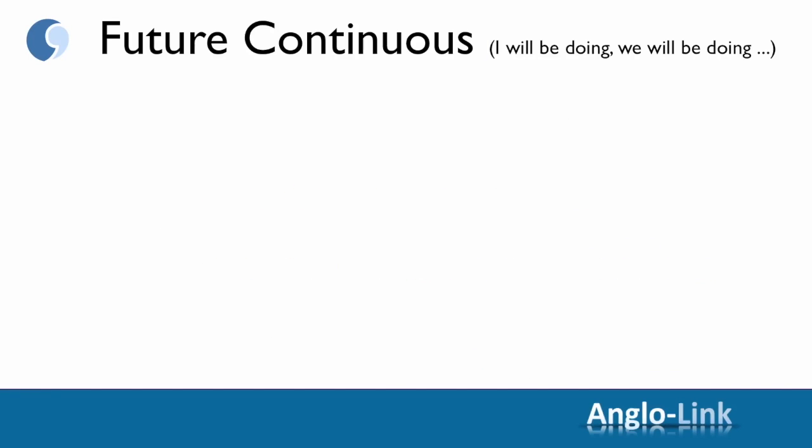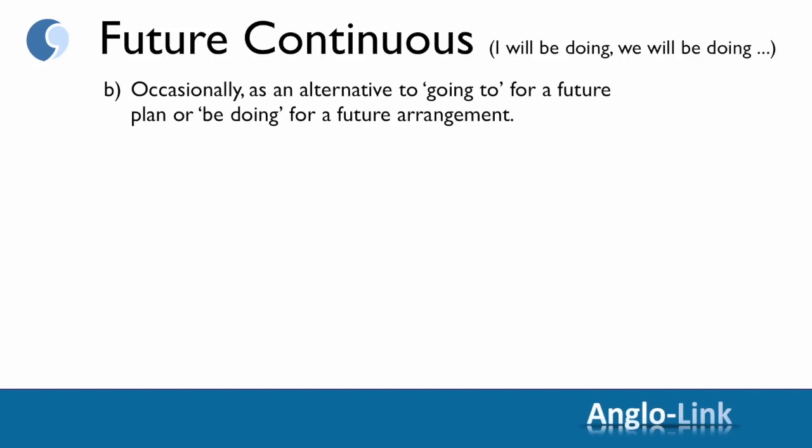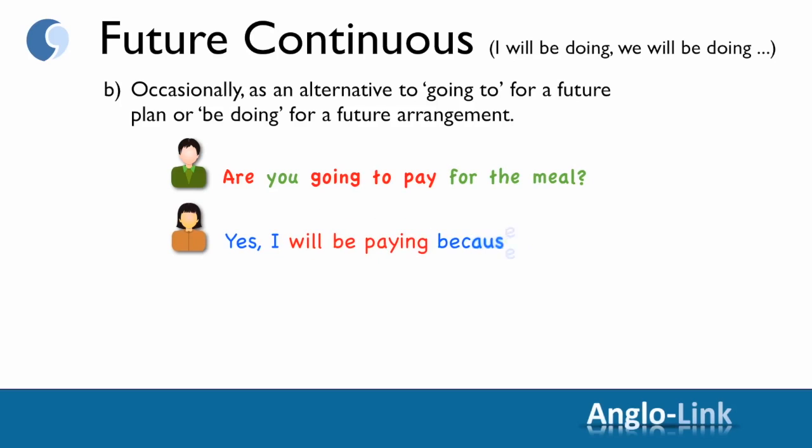The second usage of the future continuous tense was replacing the going to form for the future or the be doing form for the future. For example, "Are you going to pay for the meal?" "Yes, I will be paying because he paid last time."